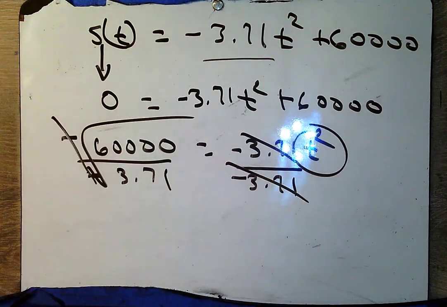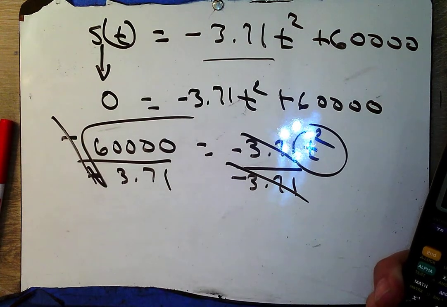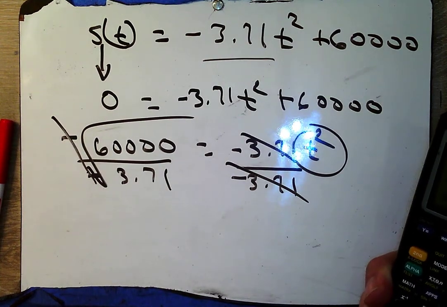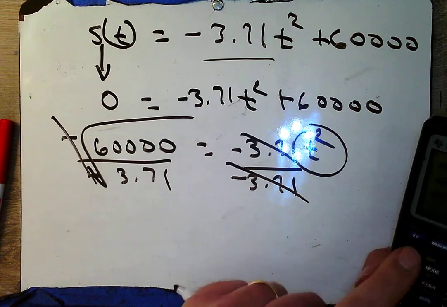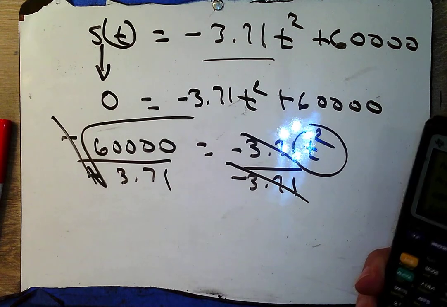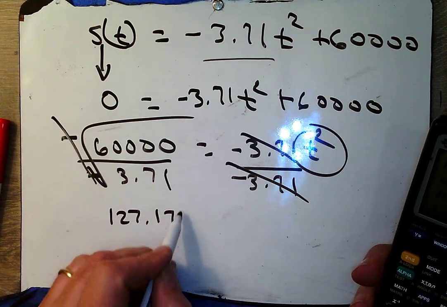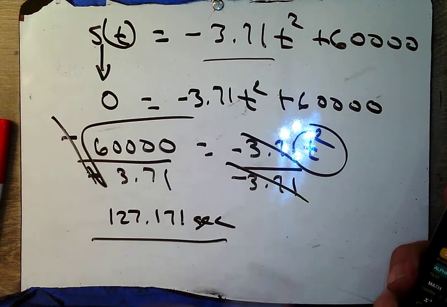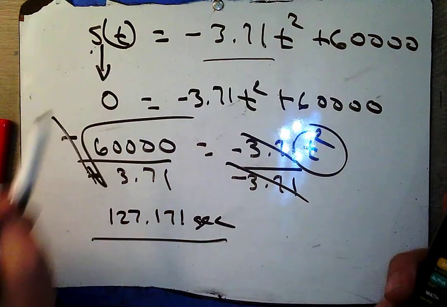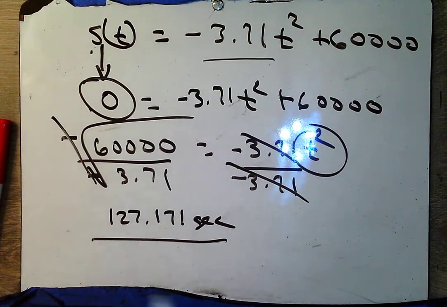So we've got 60,000 divided by 3.71, and we want to take the square root of that number, and I get 127.171 seconds. So it's going to take that long for this object to hit the ground, to have a height of 0.